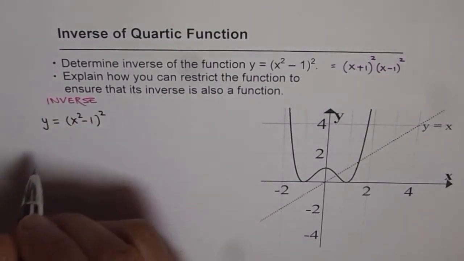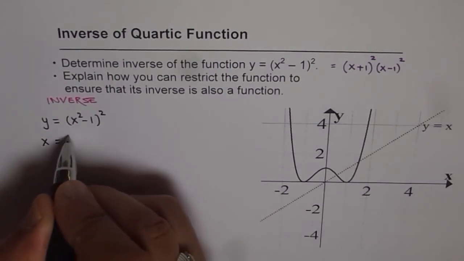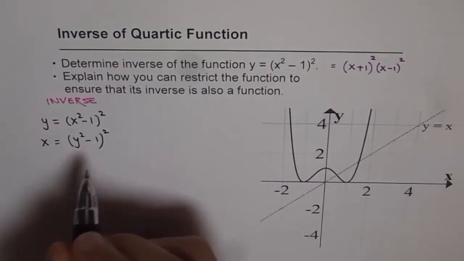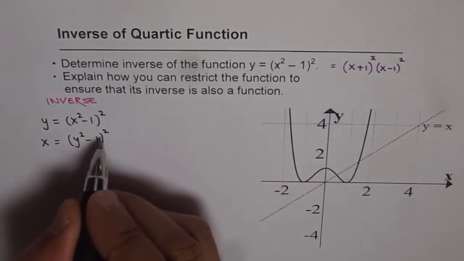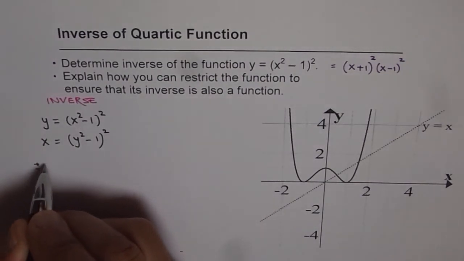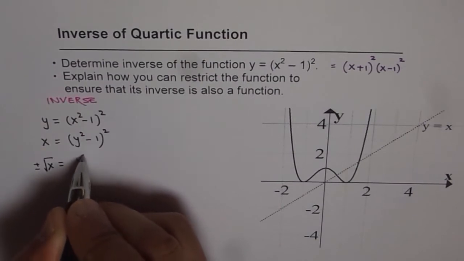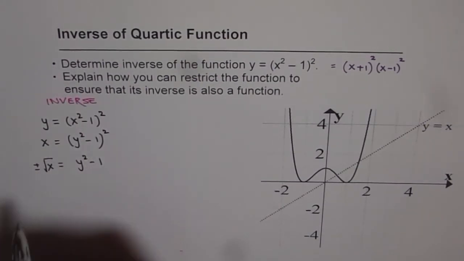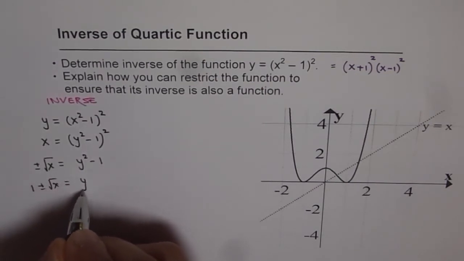To find the inverse, we will change y with x and x with y. And now we can solve for y. Square root, whenever you do square root, you need to do plus and minus. Plus and minus square root of x will give you y² − 1, and then you can bring 1 to this side. So you get 1 plus or minus square root of x equals y².